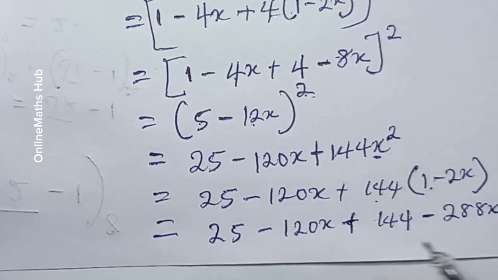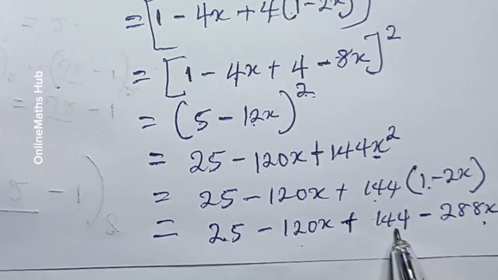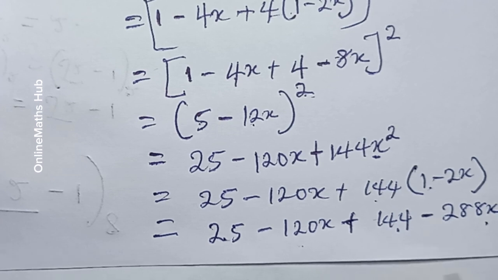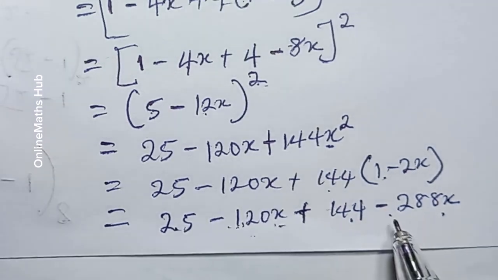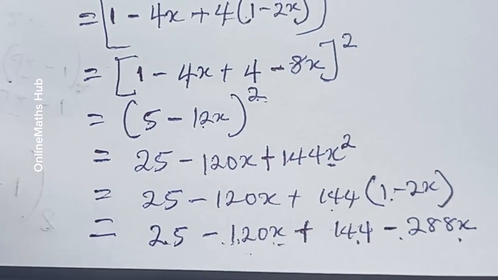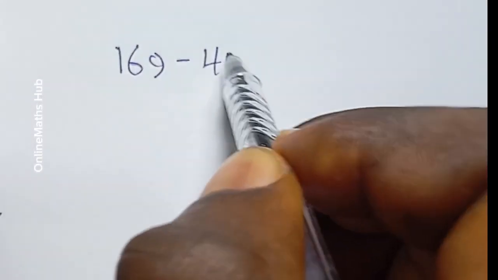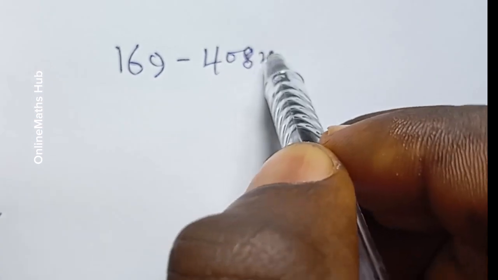Then of course I'm going to sum the terms that contain x. So 25 plus 144 will give me 169, and then minus 120x minus 288x will give me minus 408x. So what I'm going to be having is 169 minus 408x.